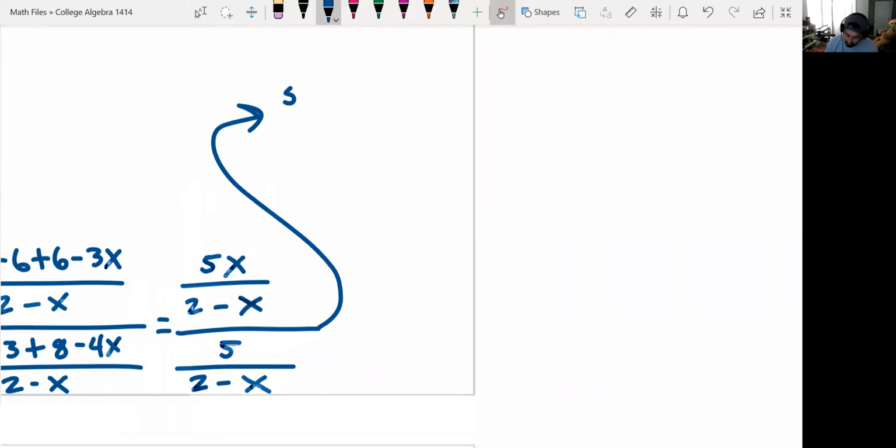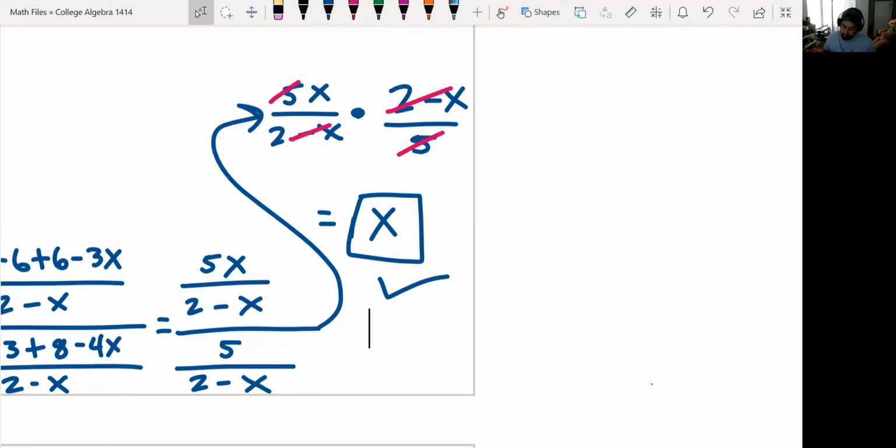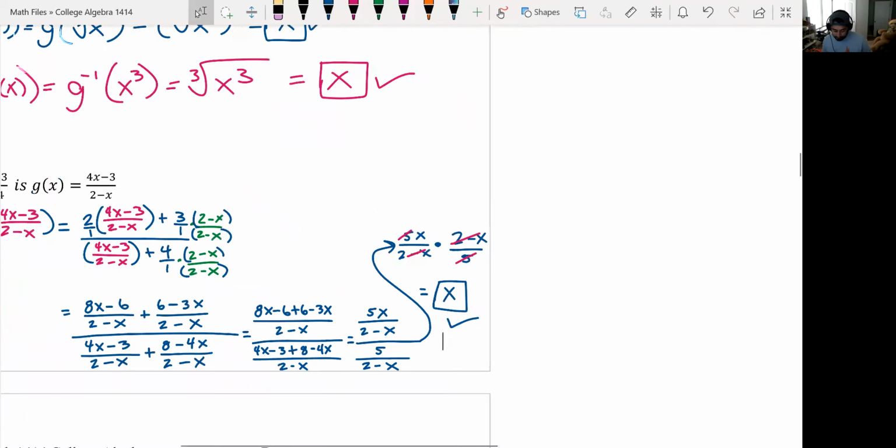You're gonna get 5x over 2 minus x times the reciprocal of the denominator, 2 minus x over 5. And now watch the magic that happens. 2 minus x's are gone. 5's are gone. What are we left with? That lonely single x.